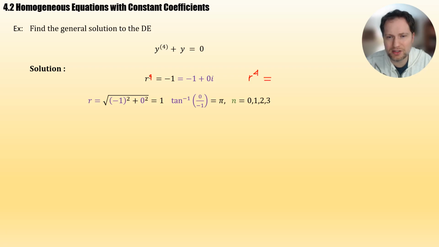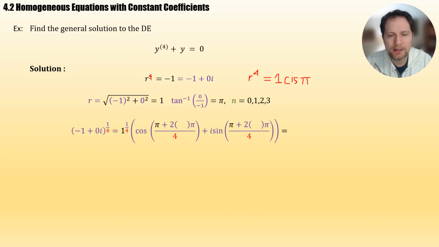Isn't that just 1 unit in the 1 cis pi direction? Don't be thinking that every single problem we do is going to be in the pi direction, by the way. But this one happens to be.